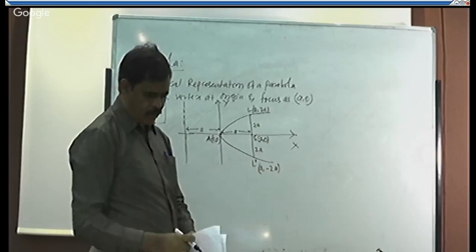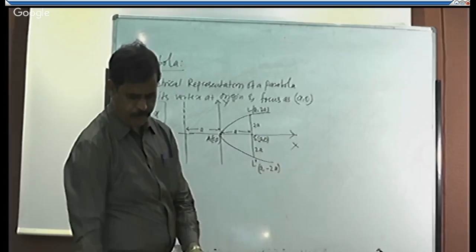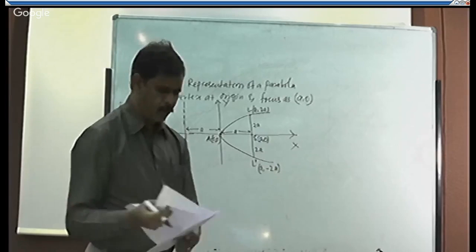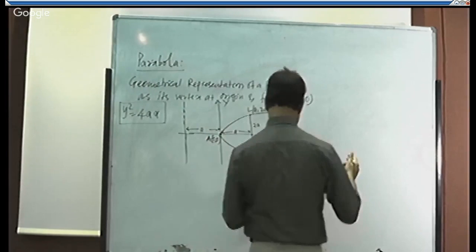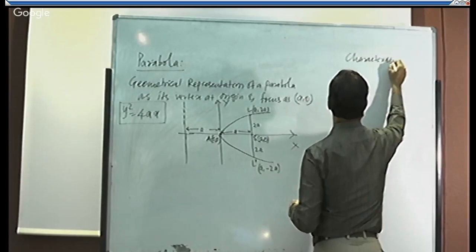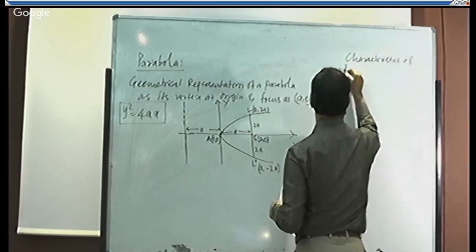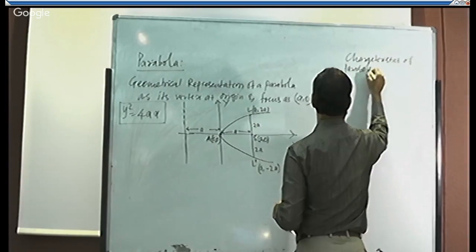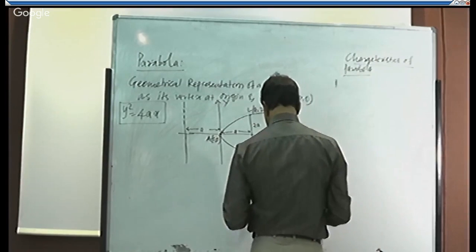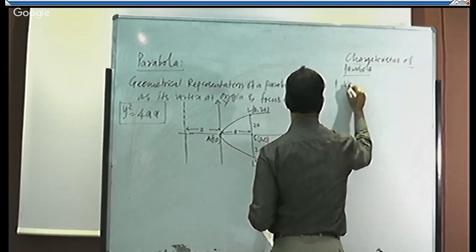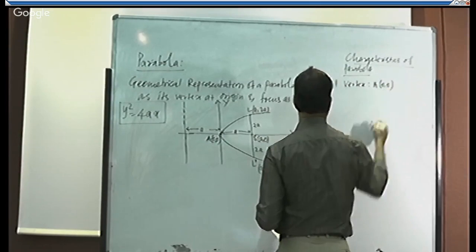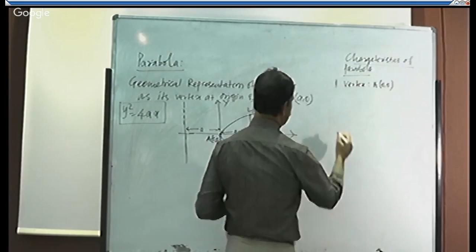Let us take the characteristics of parabola. Number 1, vertex. As I mentioned, vertex A has coordinates (0, 0).